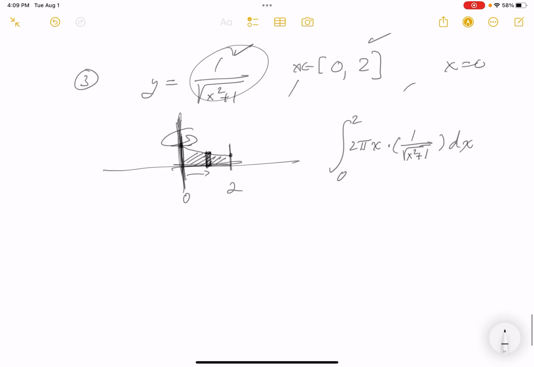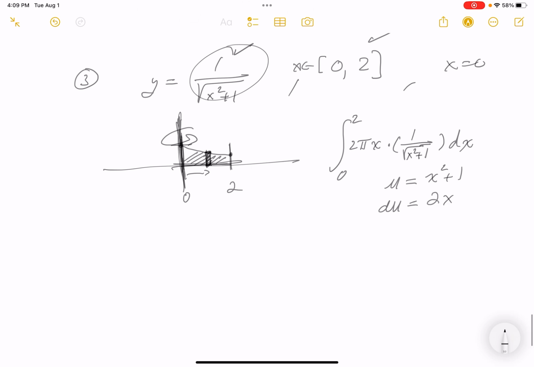Now, granted, you're in a place now where you've seen some integration techniques. One thing I'm going to point out is just a u substitution, and I'm going to say u equals x squared plus 1. That means du would be 2x dx, and I'm going to use that substitution now to change this integral.